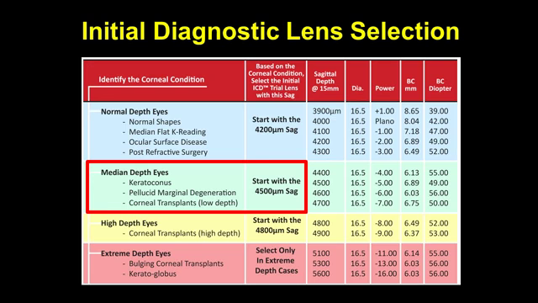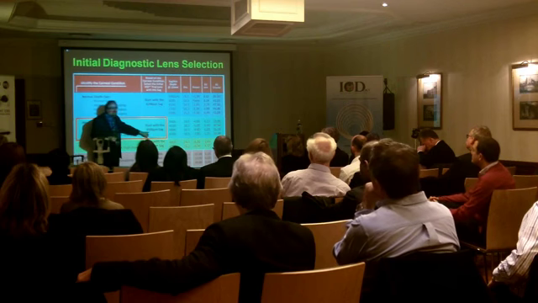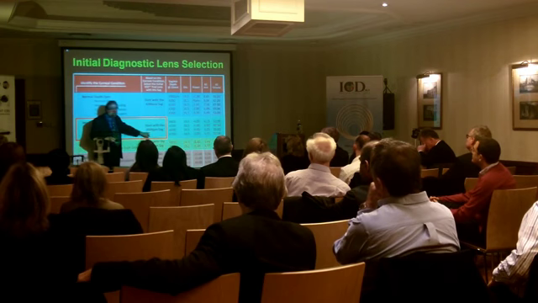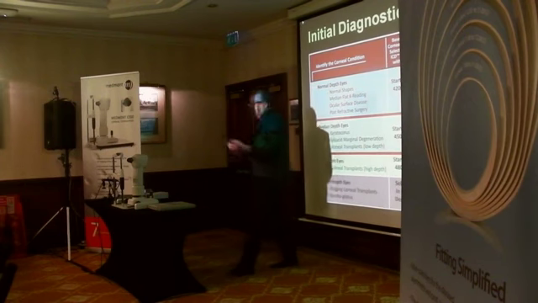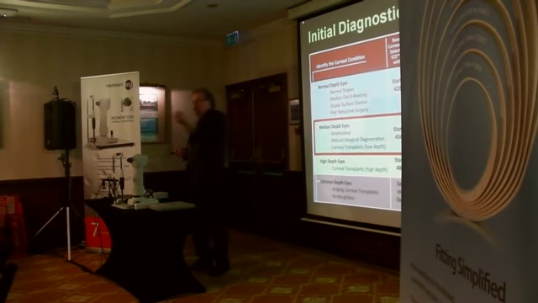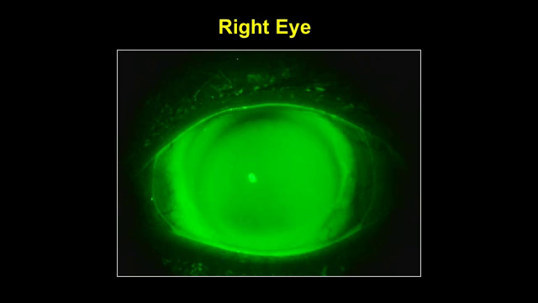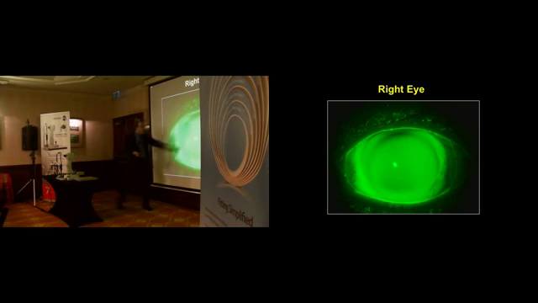With medium depth eyes, keratoconus, pellucid, and transplants that have not bulged, we're going to go to our default lens of 4,500 microns. So I'm going to take that lens from the diagnostic set, apply it to the eye, and this is what it looks like.